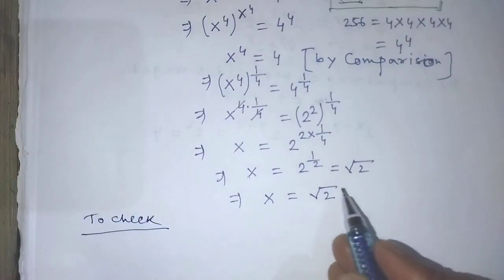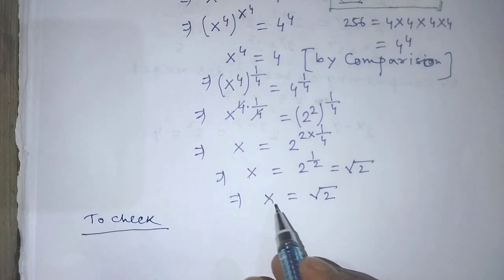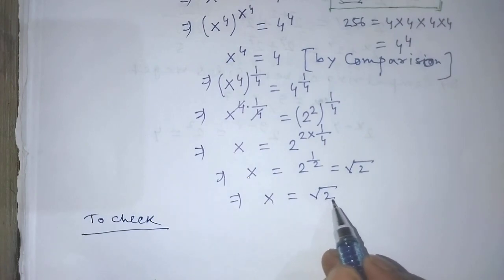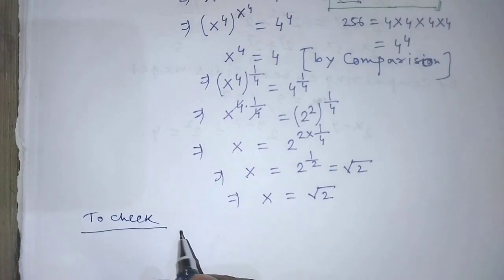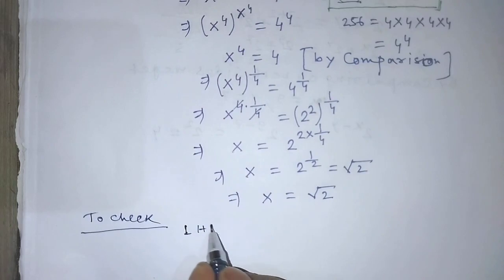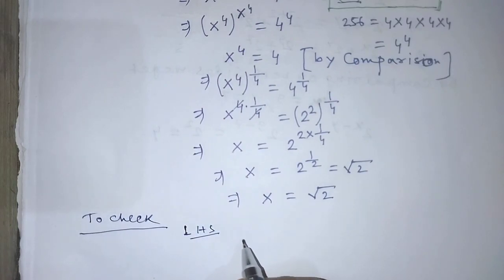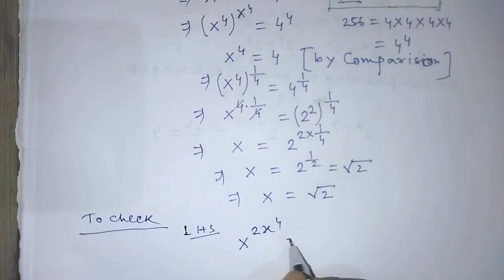To check this solution, we have to put the value of x is equal to square root of 2 on the left hand side of the given equation. So student, the left hand side of the given equation is x raised to the power 2 times x to the power 4.